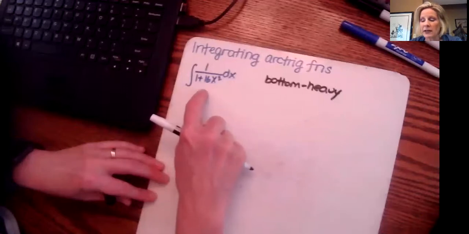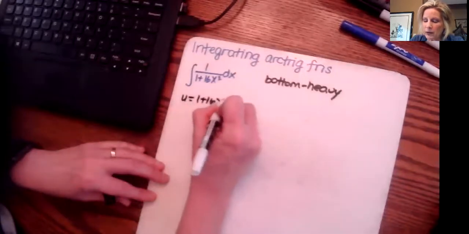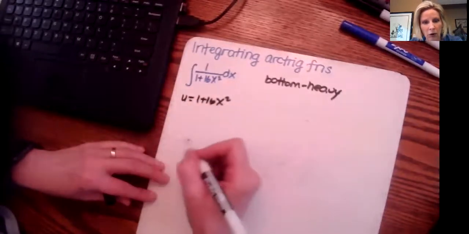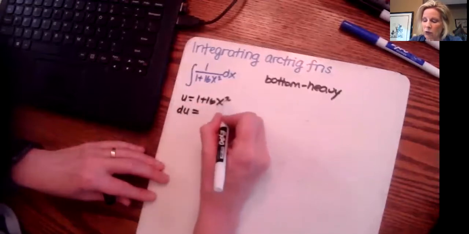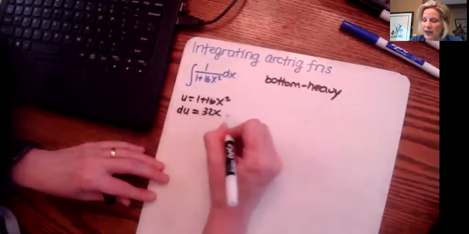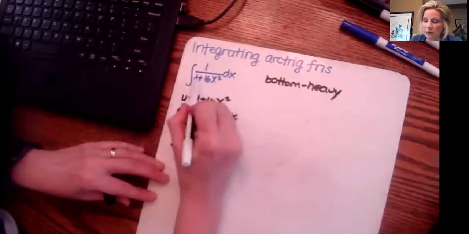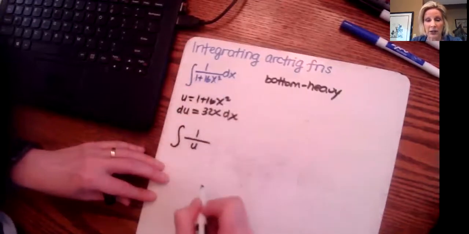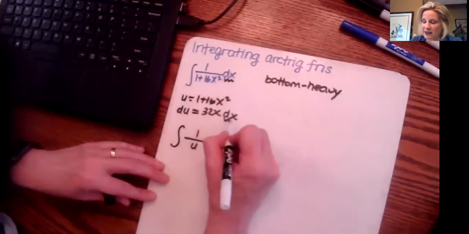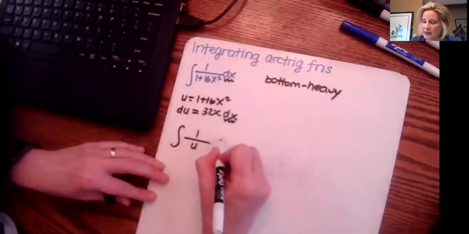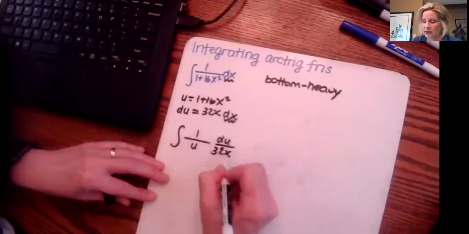And my first idea is to go, oh, it's one where I'll let u be the bottom, so that when I integrate, I'll have a logarithm in my answer. The problem is that when you take the derivative, you get 32x and then dx. So I could say, well, the 1 plus 16x squared is my u, but then if I try to replace the dx, I get du over 32x.